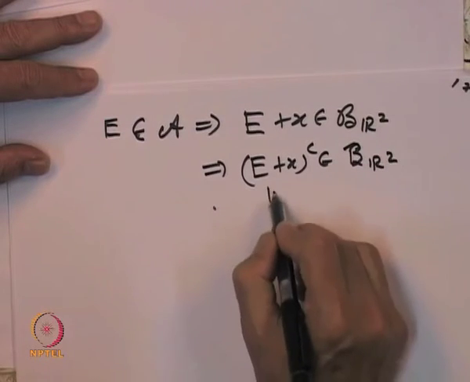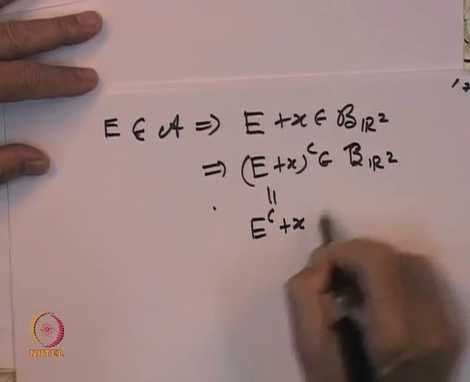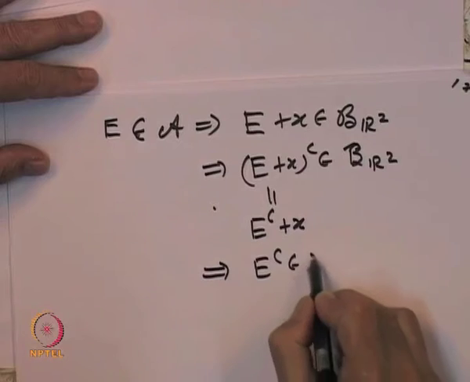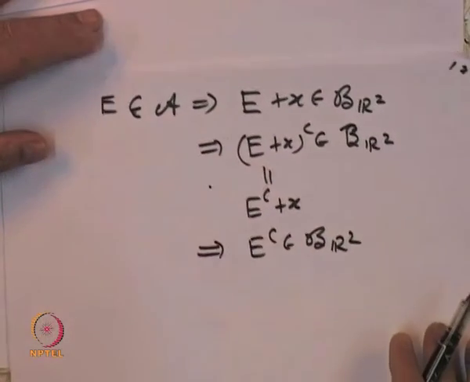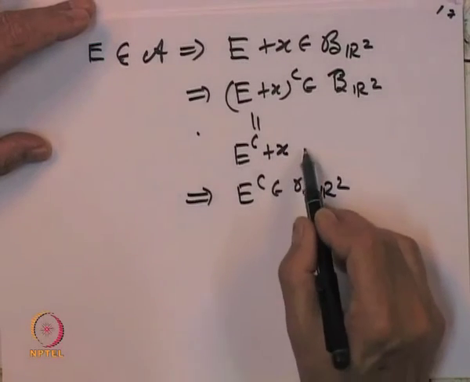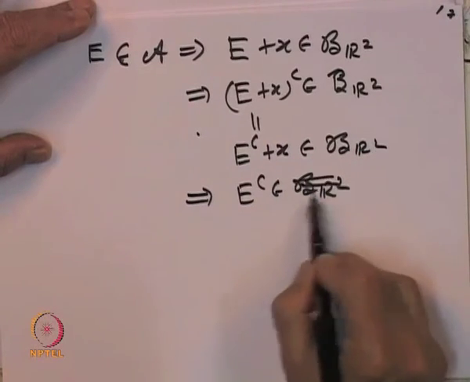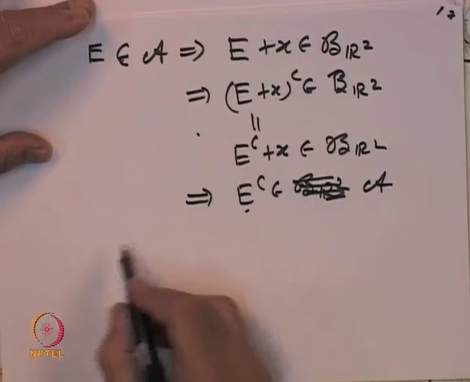But this is the same as first taking the complement and then taking the translate. So, that belongs to B R 2. So, whenever E belongs to collection A, E complement plus x belongs to B R 2. So, that means E complement belongs to A. So, A is closed under complements.